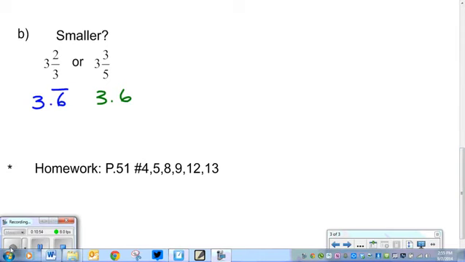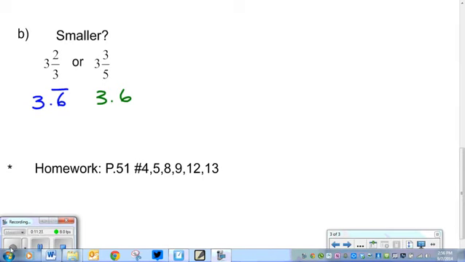For example B, I hope you noticed that you had mixed numbers. So you have a whole number, which is 3 in both cases, and then a fraction, which represents your part of a number. Again, I recommend that you look at the same amount of decimal places. So in this case, when I went 3 divided by 5, I got 0.6. It just stopped. When we did 2 divided by 3 in the blue example, we got 0.6 repeating.